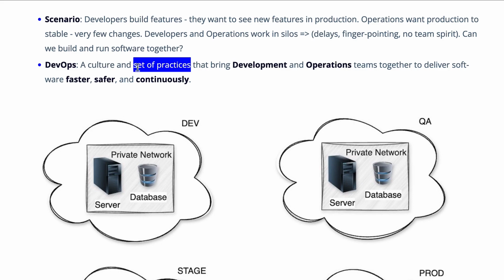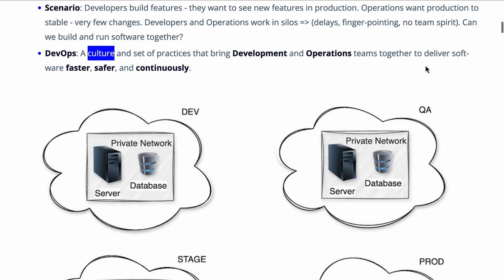Very important: there are two important parts to DevOps, culture and also a set of practices. The goal is to bring development and operations teams together. The goal is to have a common goal for the entire software development team. The goal is to deliver software faster, safer, and continuously.